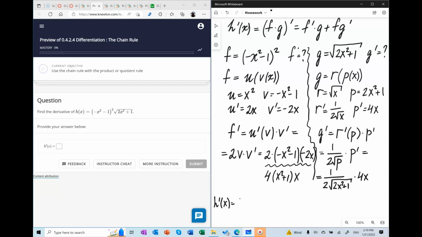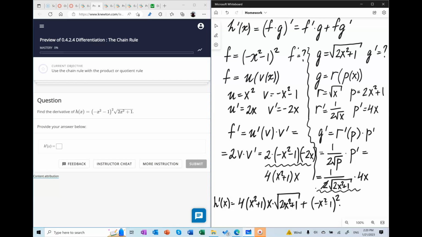So the derivative of f is 4 times x squared plus 1 times x times the derivative of, not derivative, but g itself. So g is the square root of 2x squared plus 1, plus f, which is the negative x squared minus 1 squared, times g prime, which we found to be right over here.